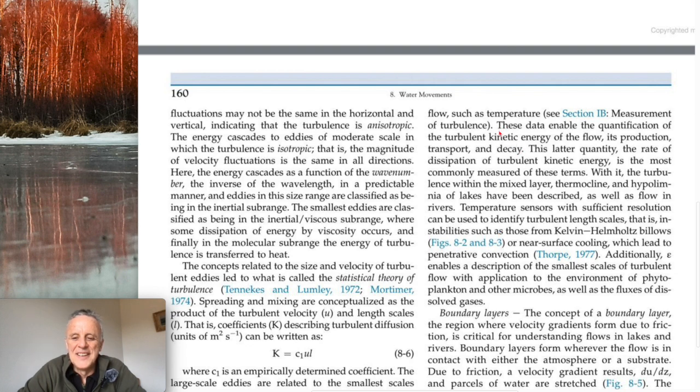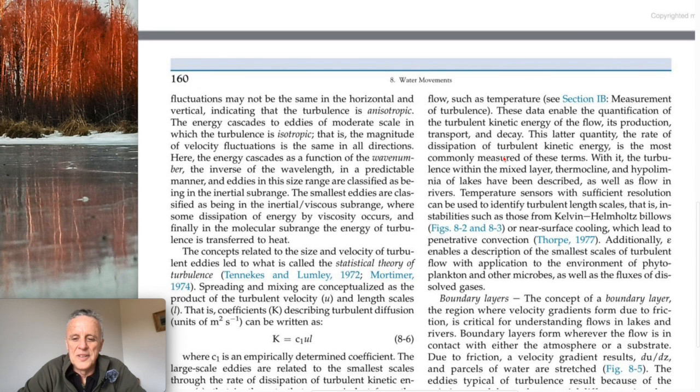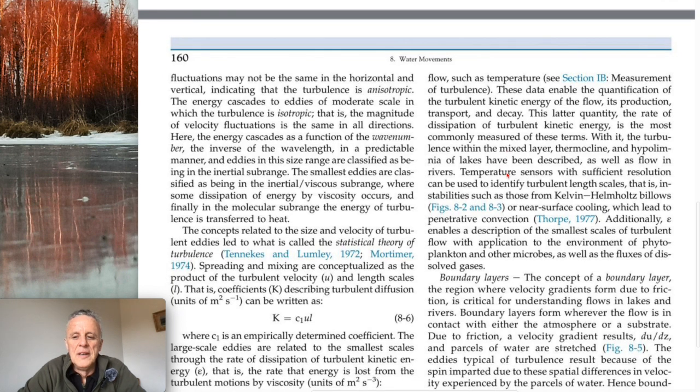These data enable the quantification of the turbulent kinetic energy of the flow, its production, transport, and decay. This latter quantity, the rate of dissipation of turbulent kinetic energy, is the most commonly measured of these terms. With it, the turbulence within the mixed layer, thermocline, and hypolimnia of lakes have been described, as well as flows in the rivers.